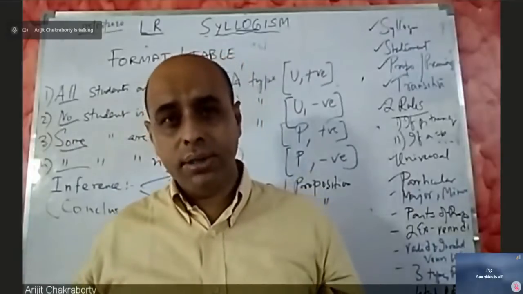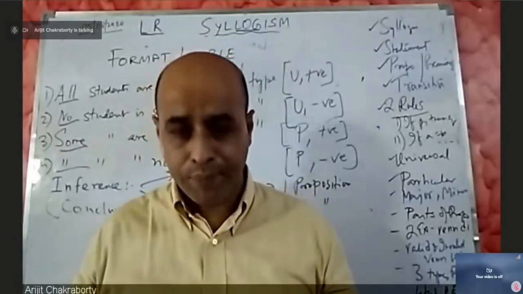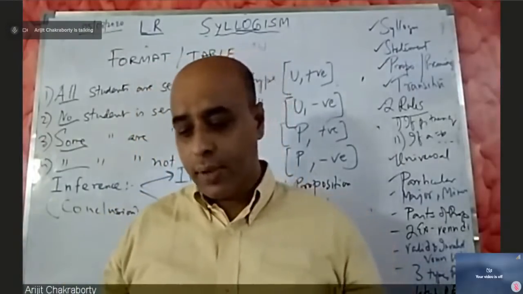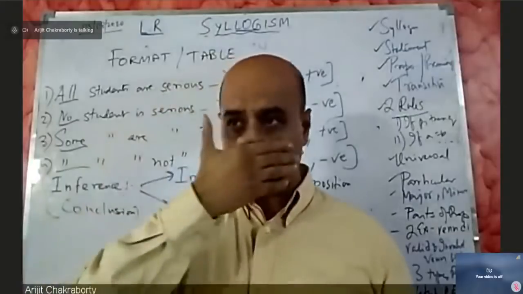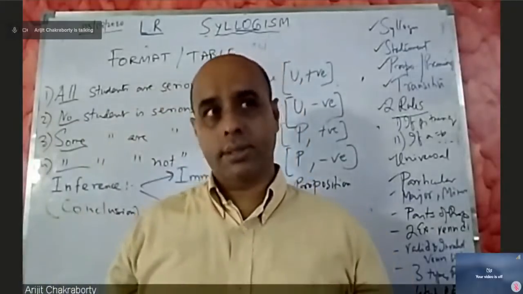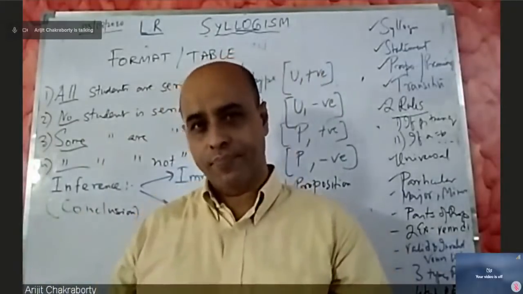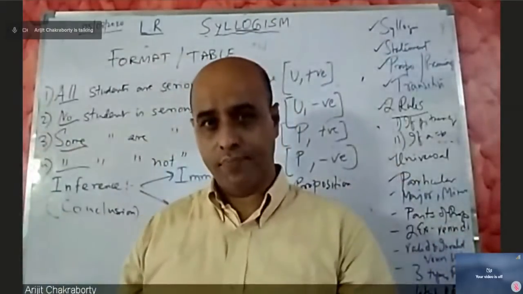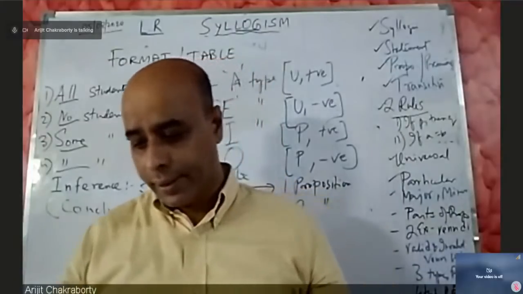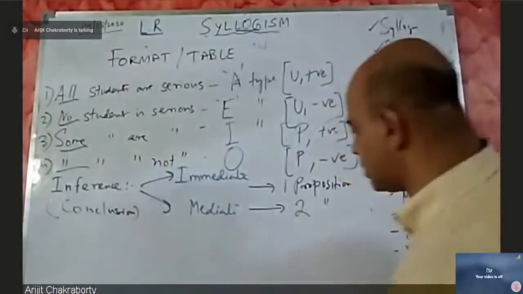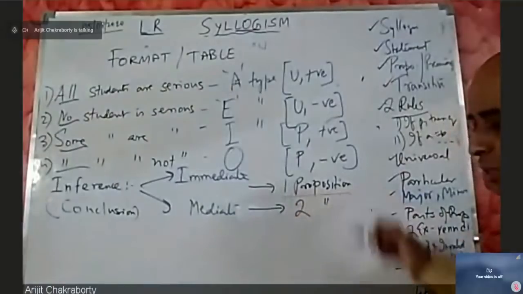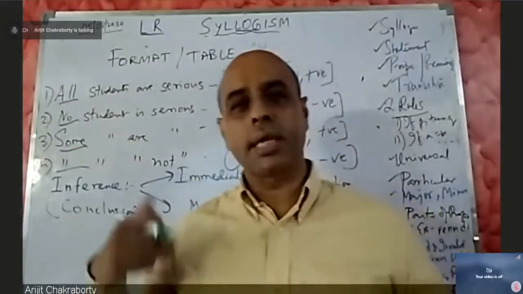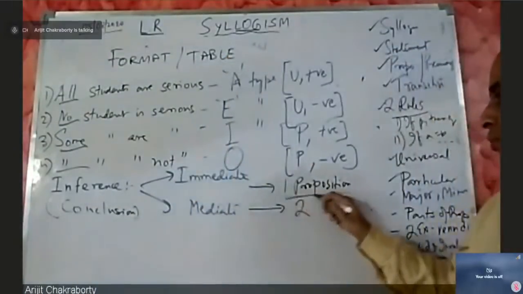So if I say all CA students are sincere, one sentence, a conclusion can be that if all CA students are sincere, I can conclude that yes, some CA students are sincere. Since all of them are sincere, I can say some are sincere. Here you see the conclusion is drawn from one proposition. We have only one statement: all CA students are sincere. So we draw a conclusion from one proposition.